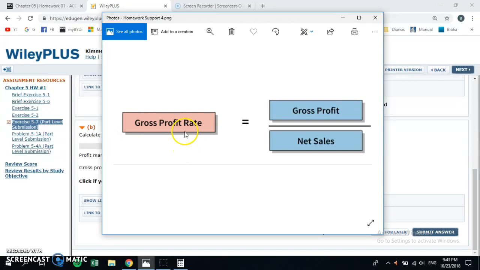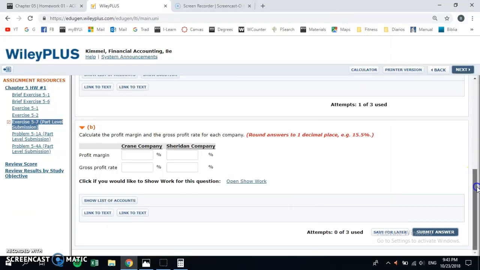Gross profit rate is calculated by gross profit over net sales.